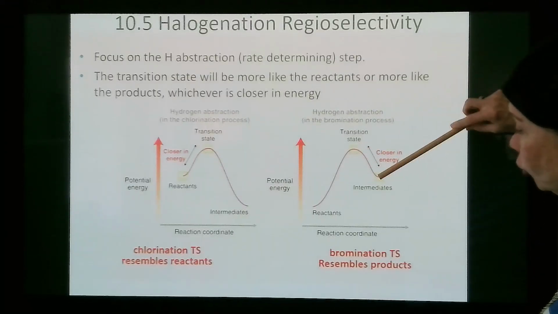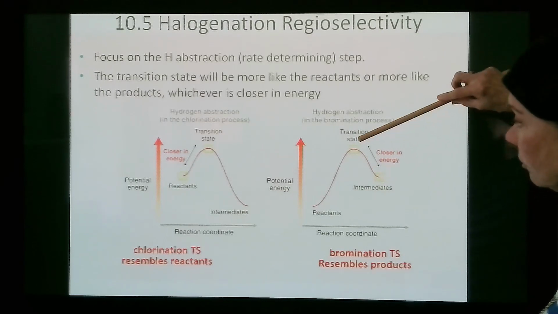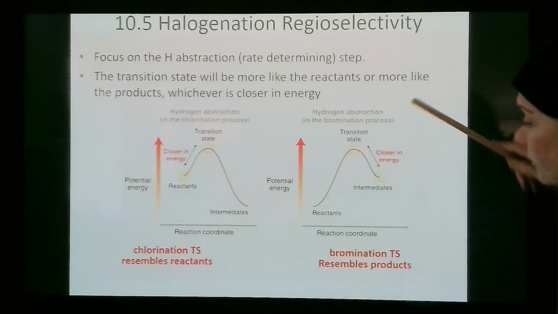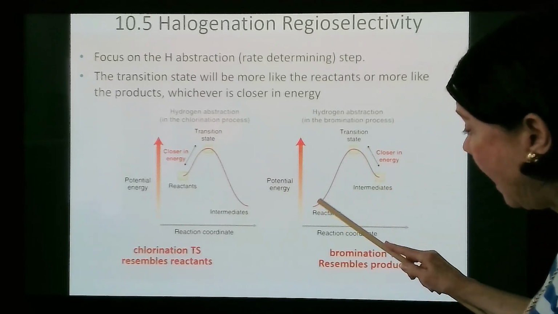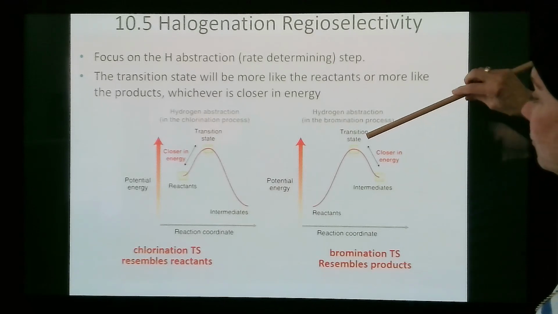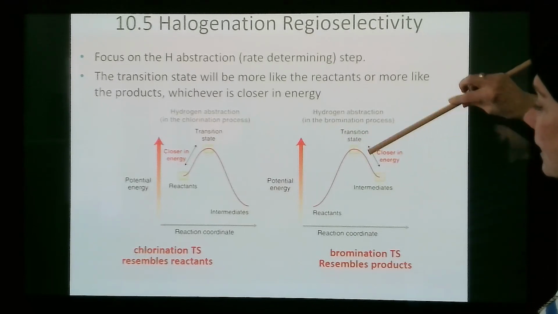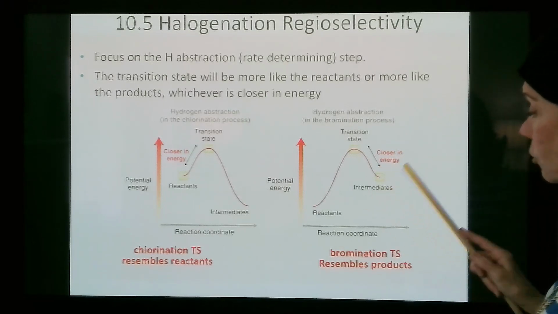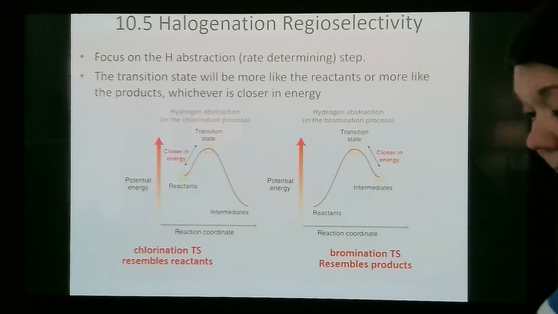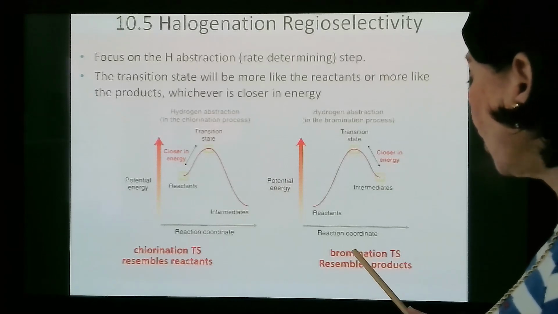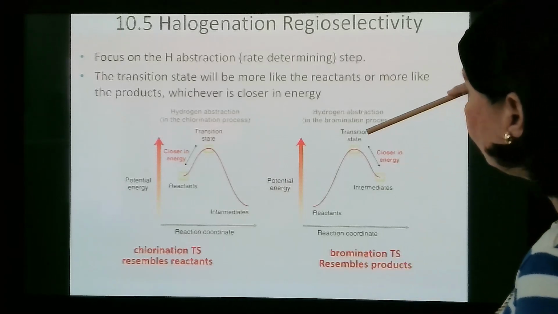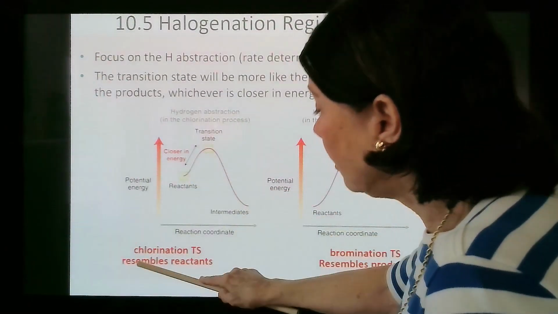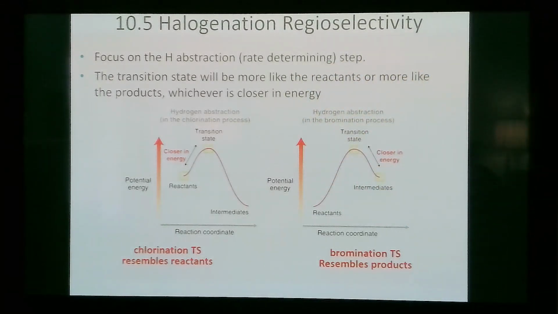The transition state is closer energetically to the intermediates than it is to the reactants, okay? And so that means that the transition state will also be closer structurally to the intermediates. The bromination transition state resembles the products. Here, the chlorination transition state resembles the reactants, okay?